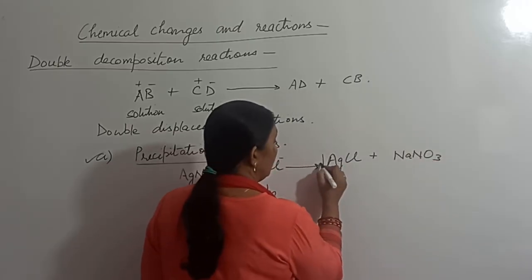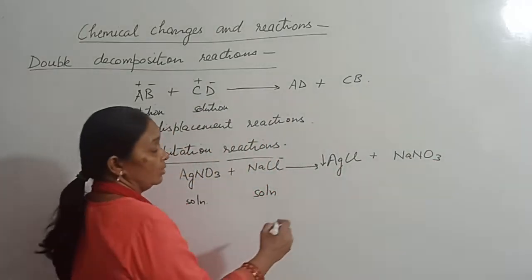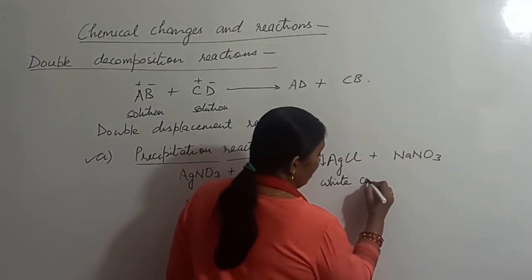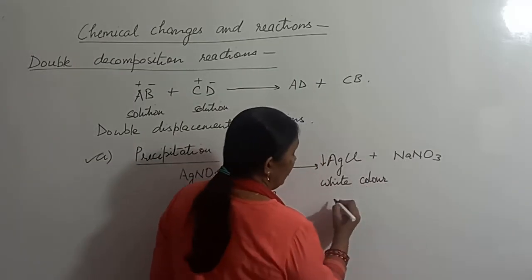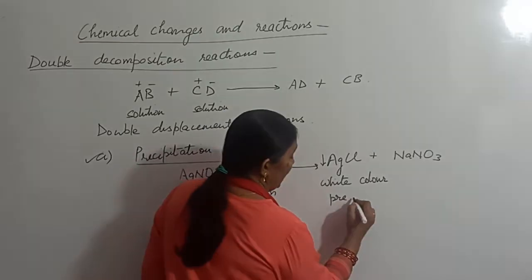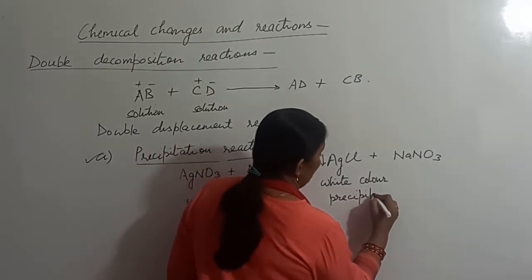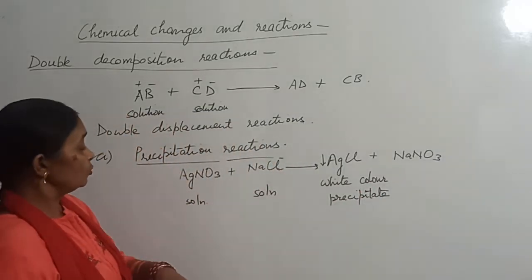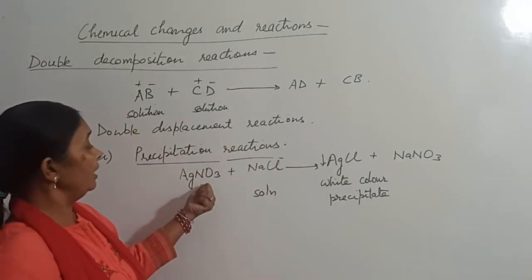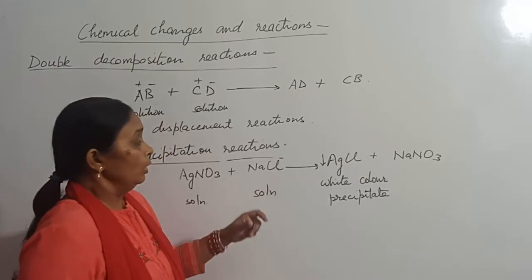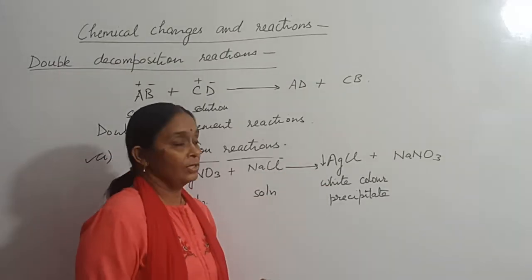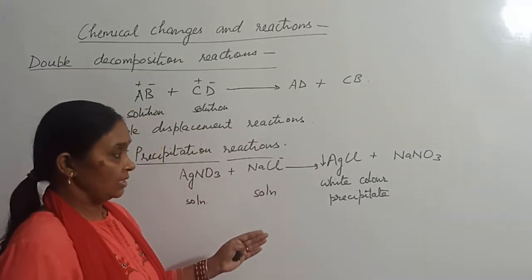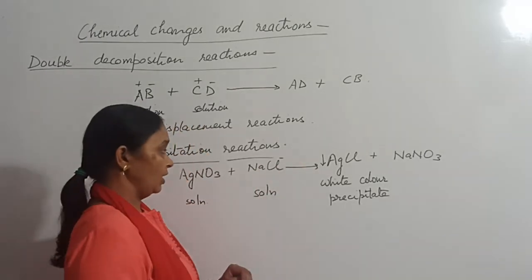Here this silver chloride which is formed is a white color solid which settles down at the bottom of the test tube and is known as a white precipitate. So suppose it is asked what do you observe when silver nitrate reacts with sodium chloride solution. You can say that a white color precipitate of silver chloride settles down at the bottom of the test tube, and this is the observation in this reaction.